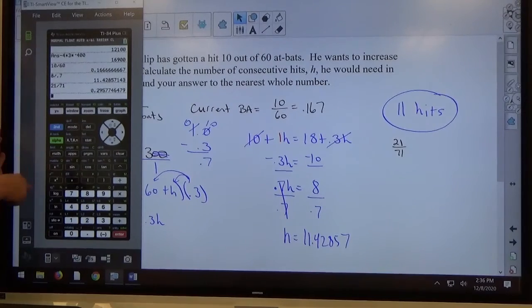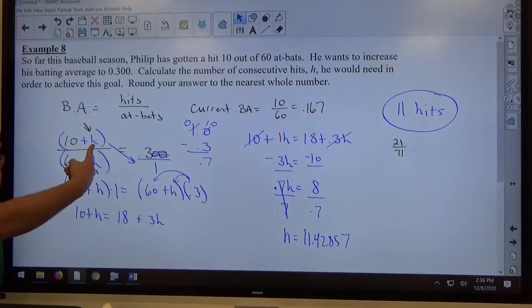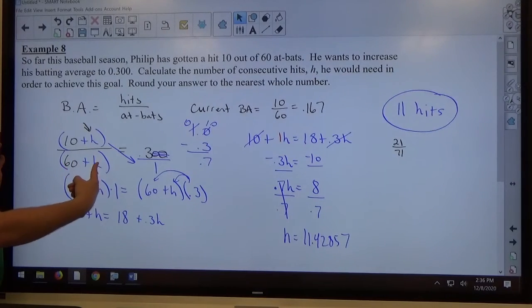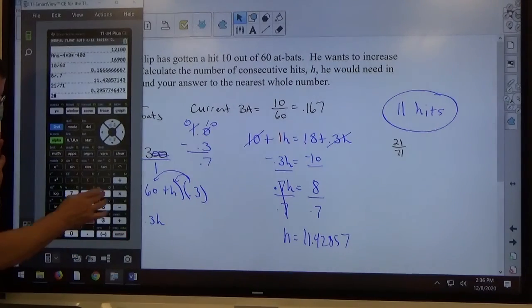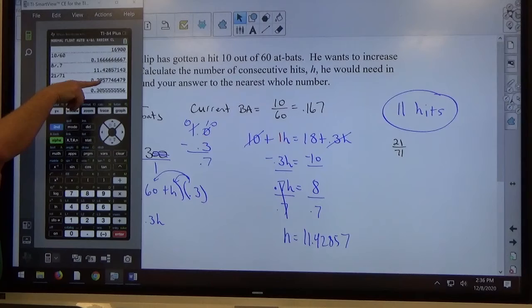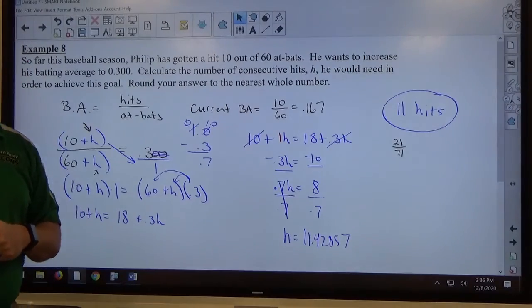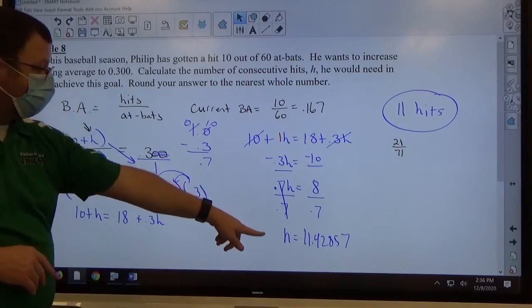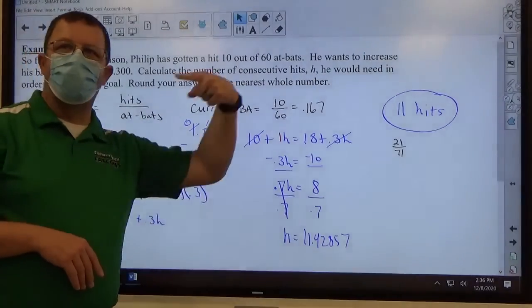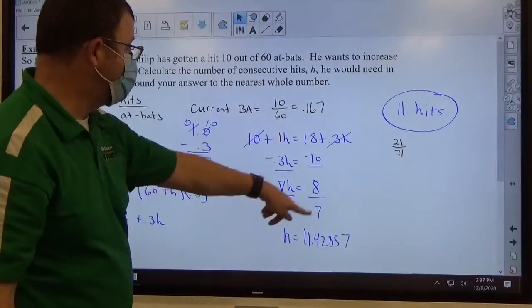If he got 12 hits, which is the next number up, 10 plus 12 is 22, 60 plus 12 is 72. 22 divided by 72 comes out to 0.306. So you can see that one's about 5 below, one's about 5 above. You can't get dead on 300, but again, he's looking to improve his batting average. So 11 hits is the answer based on what we did, but to get over 300, we'd have to go with 12 hits. But again, for what they asked, that's the right answer.